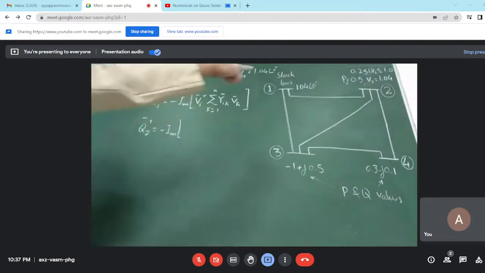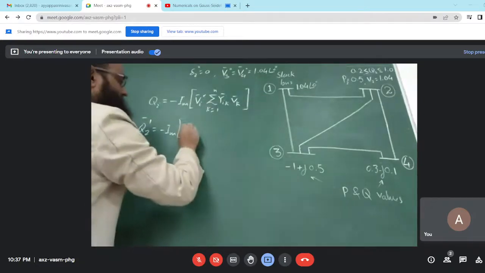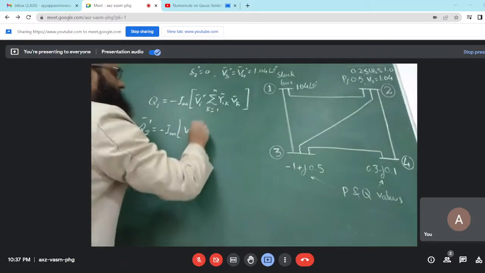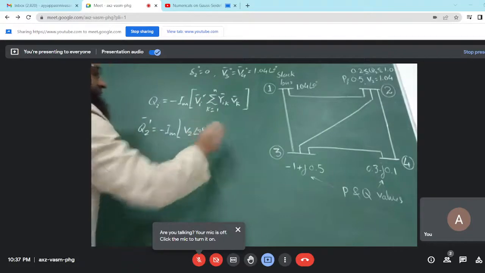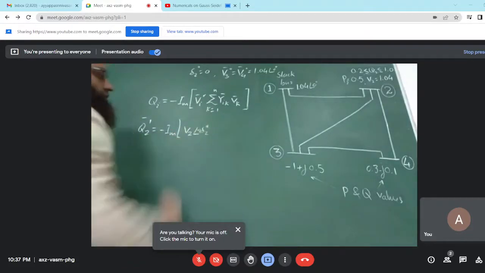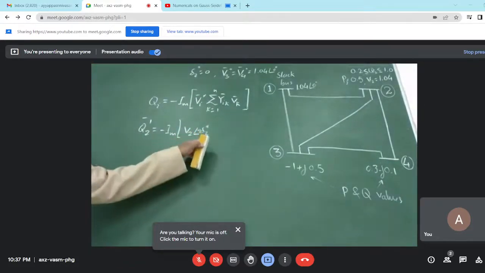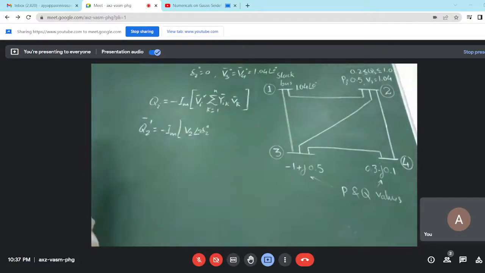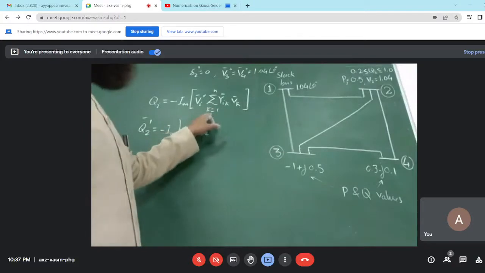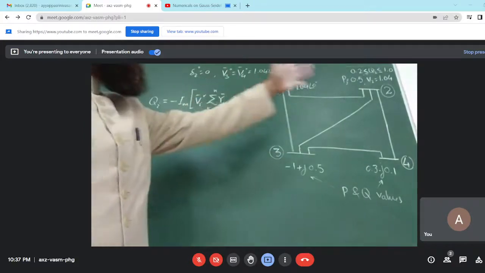So Q2 1 will be minus imaginary part. So i is 2 now. That will be V2 angle delta 2 0 star, with the conjugate. Is it not? This is the variable for PV buses. And then Yik Vk, with k starting from 1 to n, so 1, 2, 3.